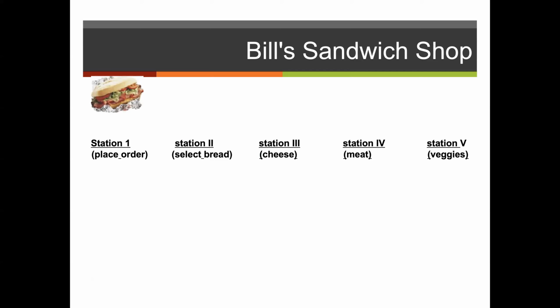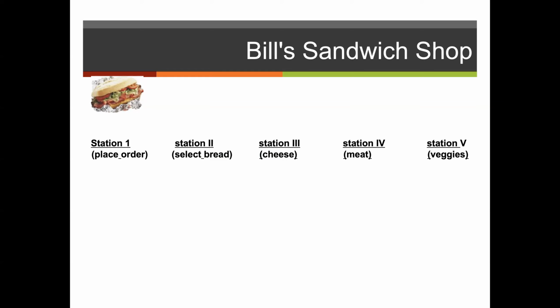And so let's consider Bill has 5 employees, and each employee has their own station that they're focusing on. One employee will place orders. The next employee selects the bread. The next employee selects the cheese, and the next employee selects the meat.